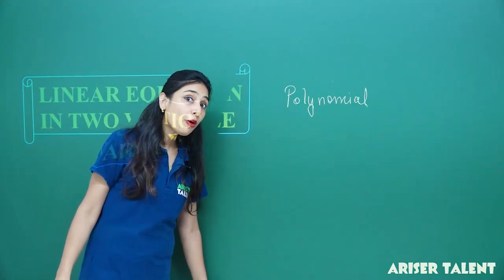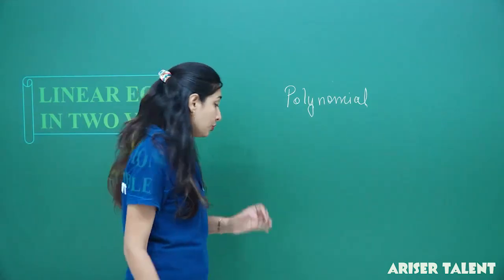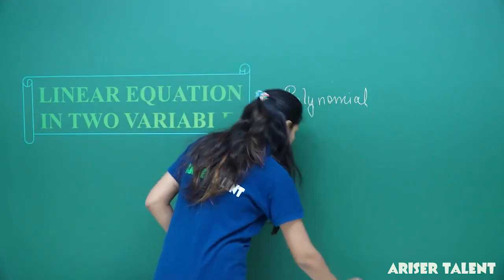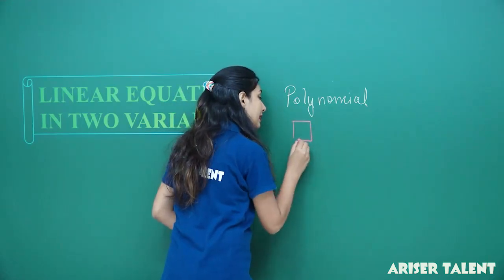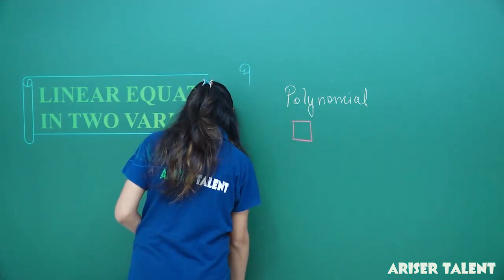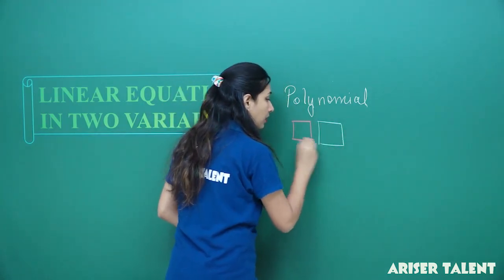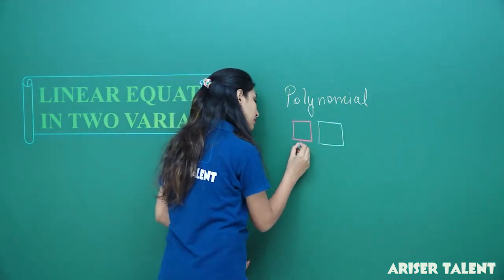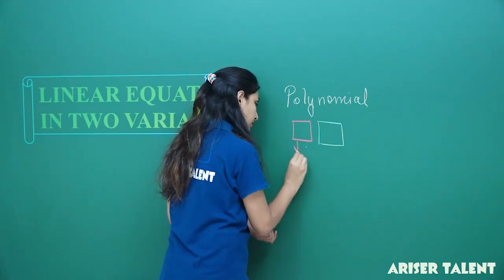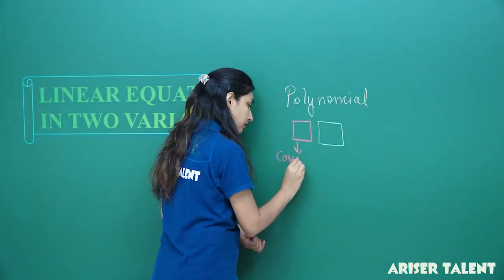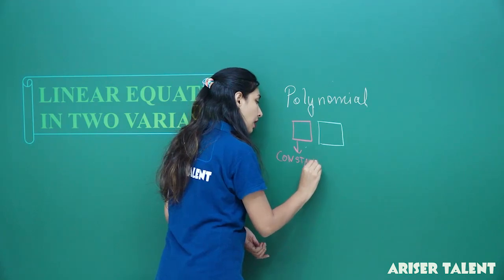Polynomial. What is a polynomial? I've told you that a polynomial is a term which consists of a constant and a variable.